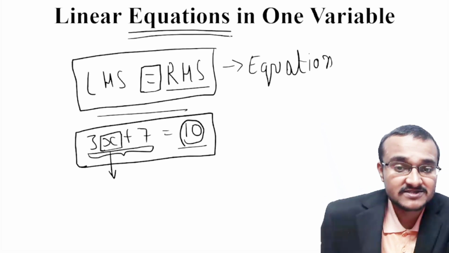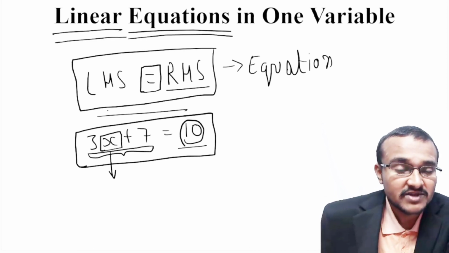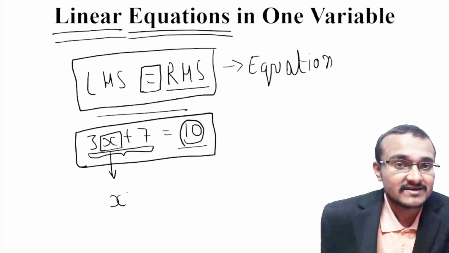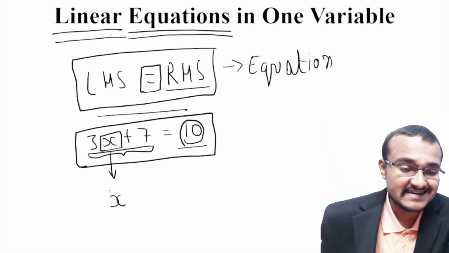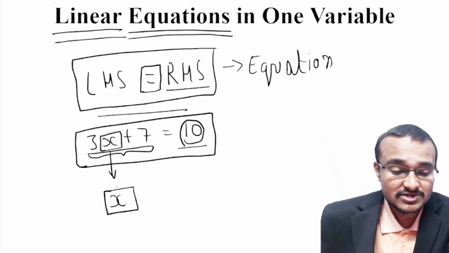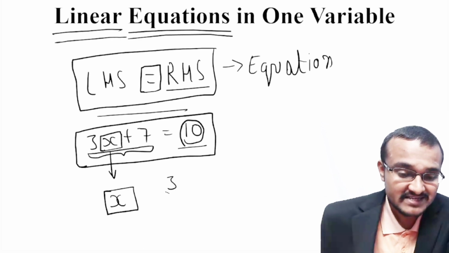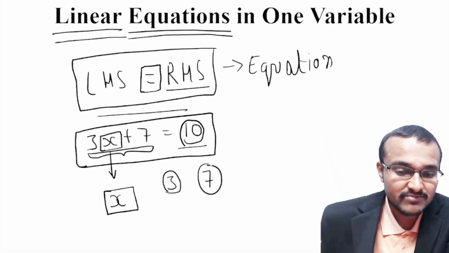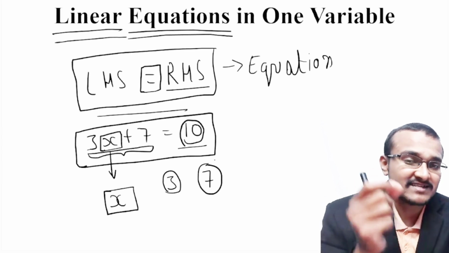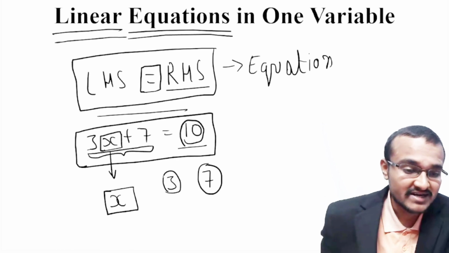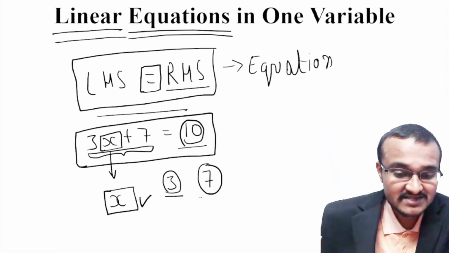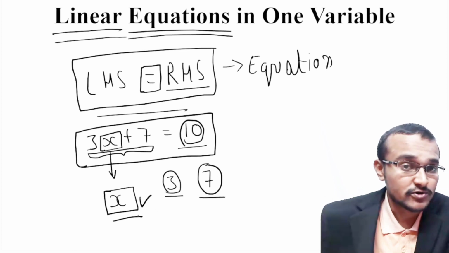Now we know what equations are, but what do we mean by linear equations? Any equation which contains a variable with power 1. Here x is known as the variable. Numbers like 3 or 7 have fixed values, but the value of x is not fixed, because 3 means 3, 7 means 7, but x we don't know.